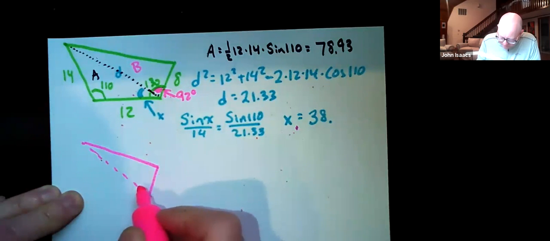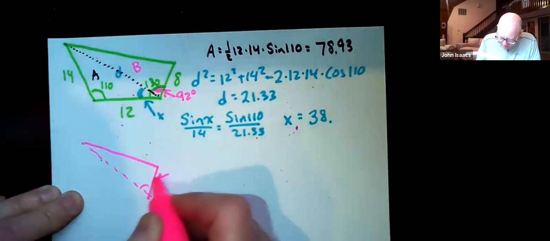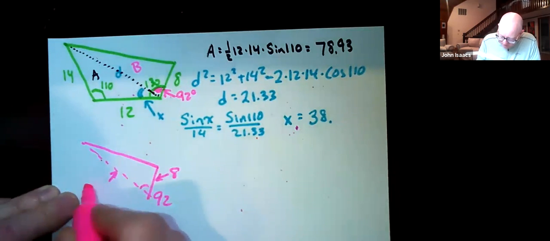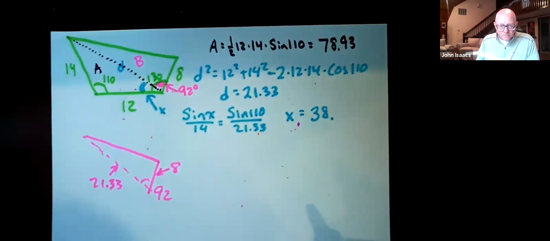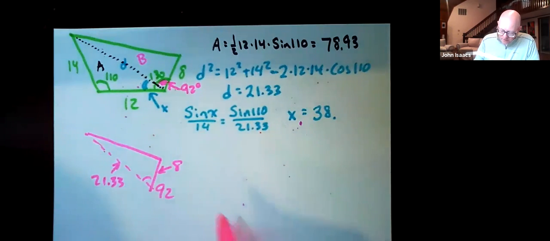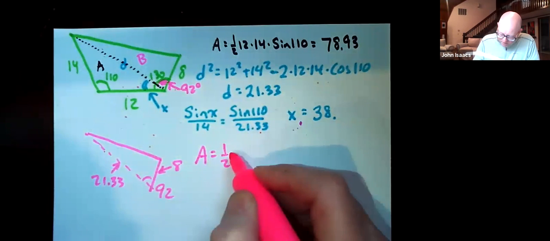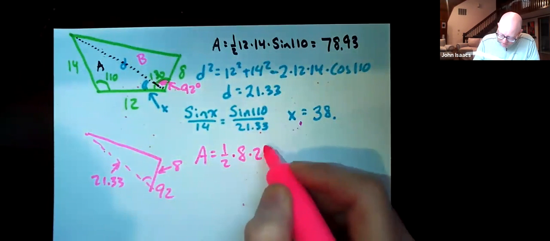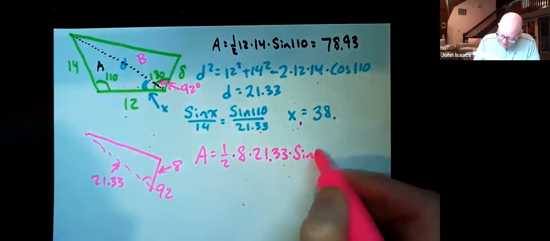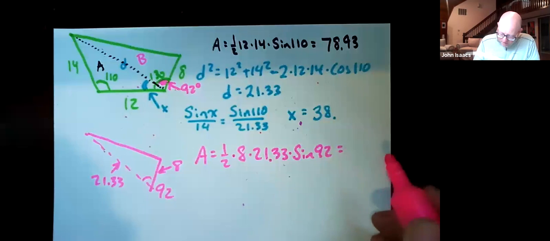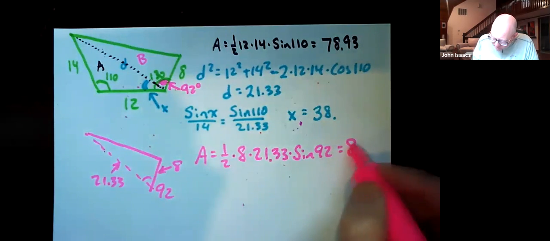We have this triangle B with a 92-degree angle, with a side of 8, and with another side of 21.33. And with that, we can do the area formula again. Area equals 1/2 times 8 times 21.33 times sine of 92. And that is going to equal 85.27.